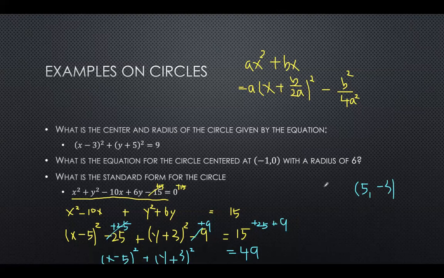So this is the center. And the radius squared is 49, so the radius is square root of 49, which is 7.